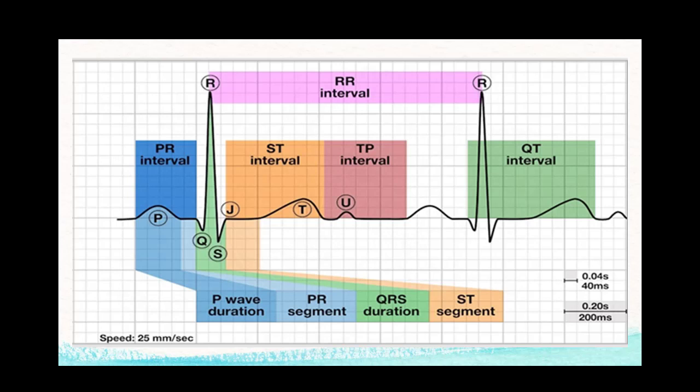So in looking at our EKG complex, the P wave is when the SA node fires. It depolarizes in fancy medical terms. So atrial depolarization occurs with the P wave. And then after it fires, think about a gun.